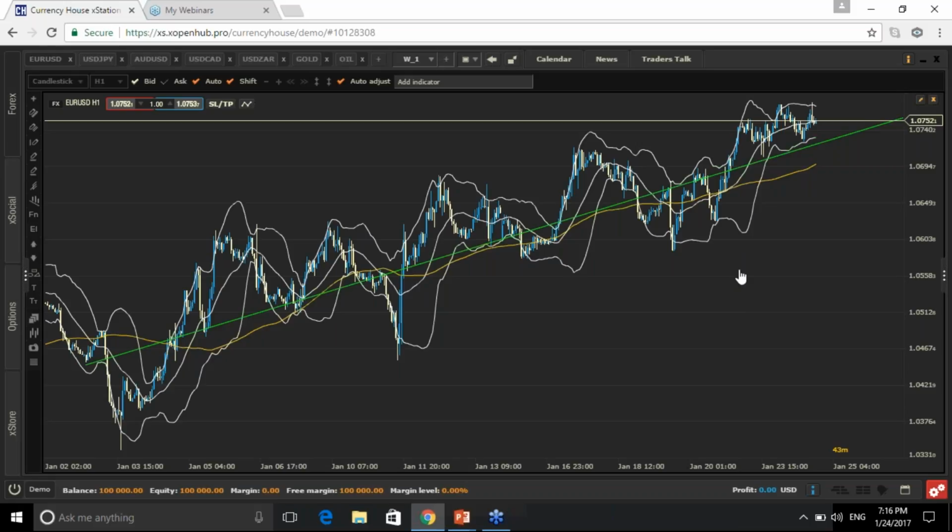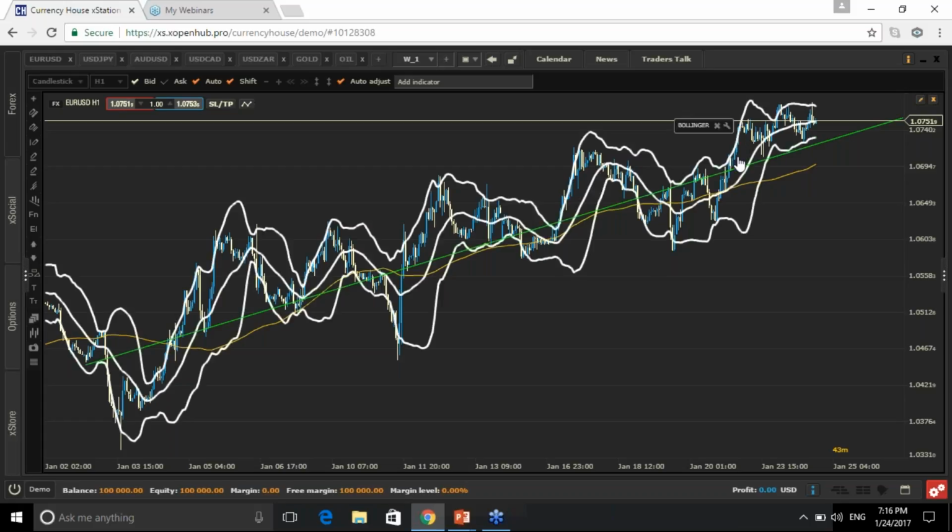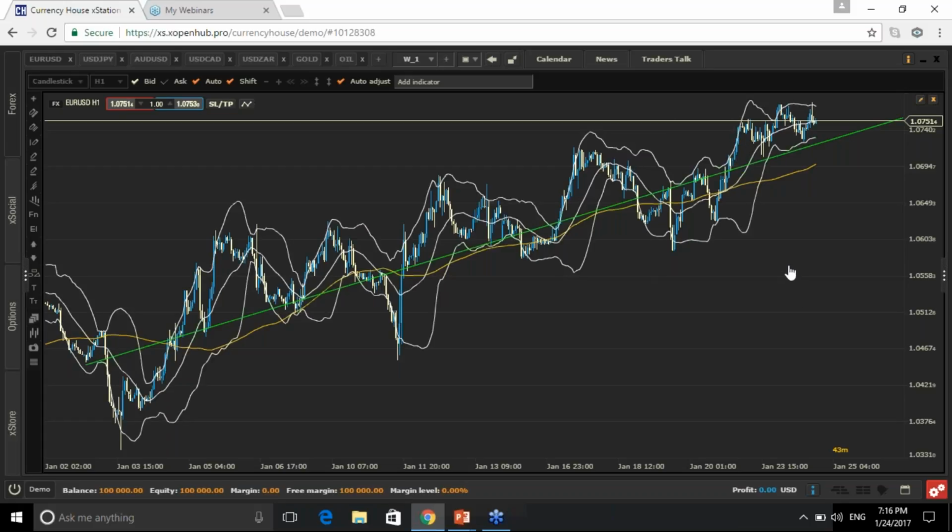In this period, it's very important to understand what the closing prices are, because once you see, like here, that the price is able to close above the upper line of the Bollinger Bands, it's a strong signal that we can see higher prices in the very nearest future, not necessarily just in a couple of hours. So it's always a good signal to find the next level to enter the market.